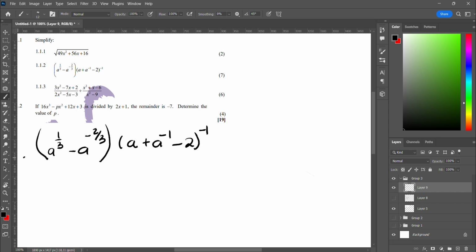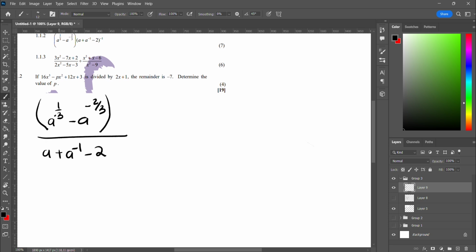Let me write this properly, and I'm using a very big font here. Over a plus a to the minus 1 minus 2. Okay, a bit scary, but we're going to keep it. So this would equal a minus 1. So I want to take out a to the third.